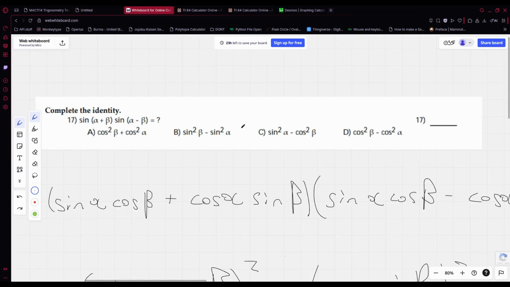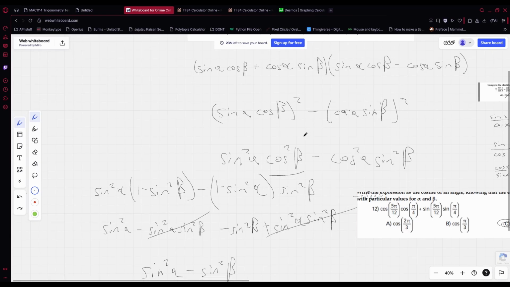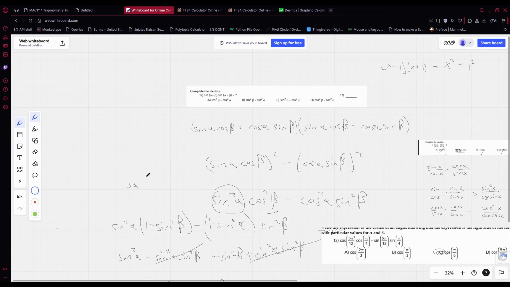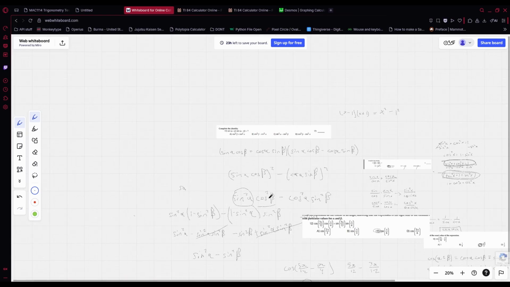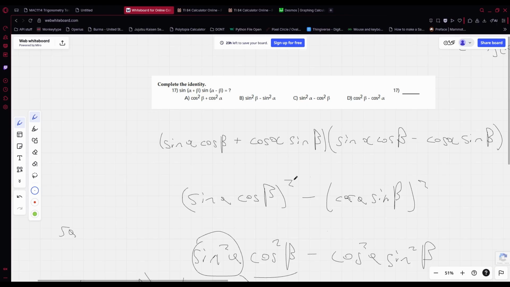But for these types of questions, when you see this much algebra you have to do, either turn these terms into variables that are much easier to manipulate. So like you could be SA or something like that. That's a lot easier to write. That speeds up things a lot. Or just put it in the calculator. It's that simple.